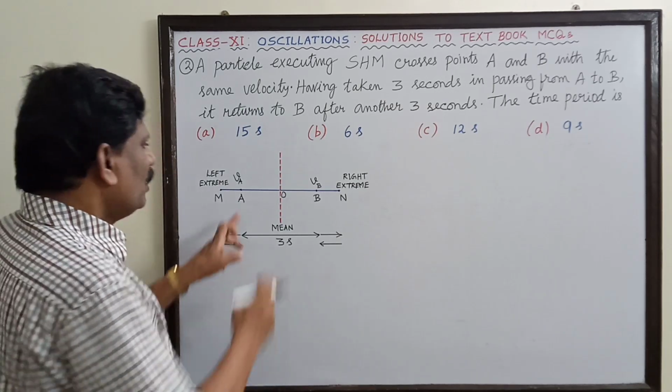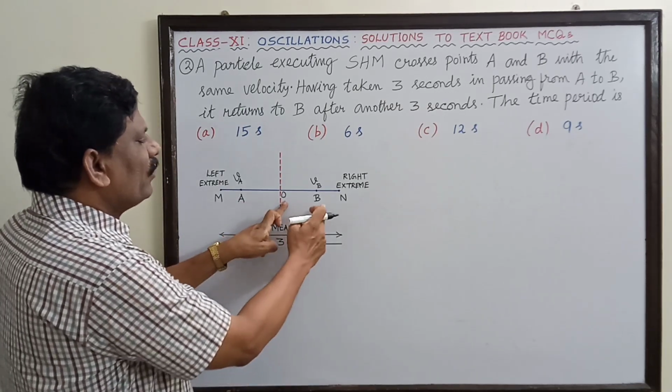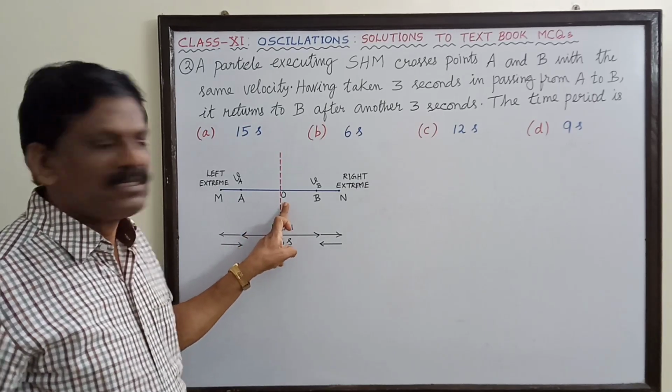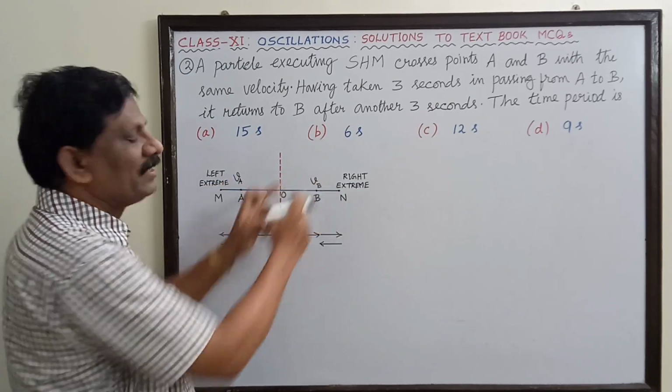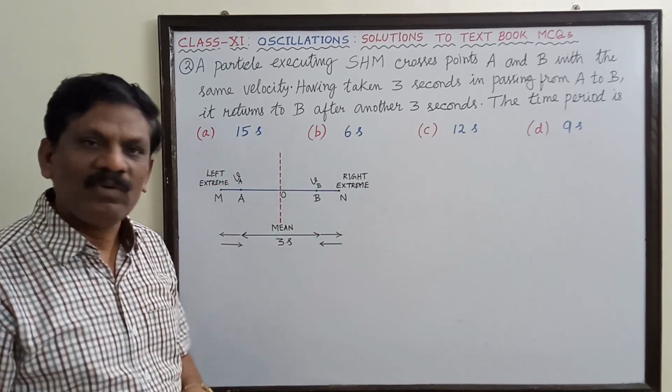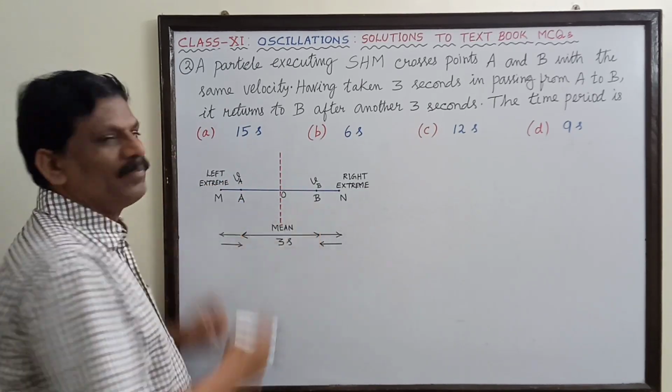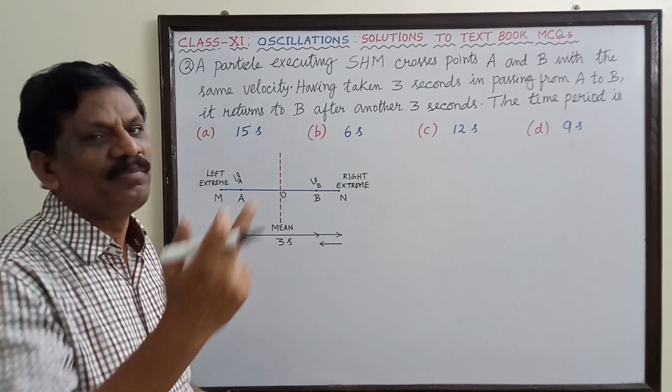That means OA is equal to OB, so A and B are corresponding points. That is why VA is equal to VB.